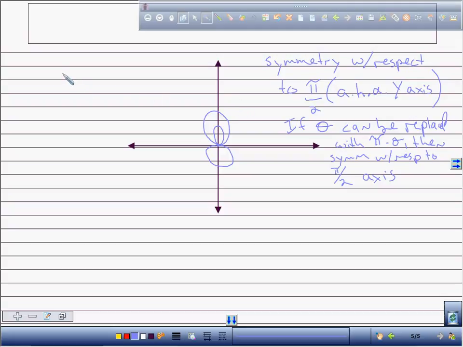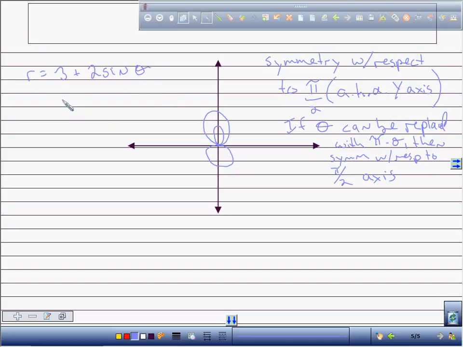For example, say I have 3 plus 2 sine theta. I told you already that if it's just plain old sine, without a cosine in here as well, and without an r squared, it's going to have symmetry.